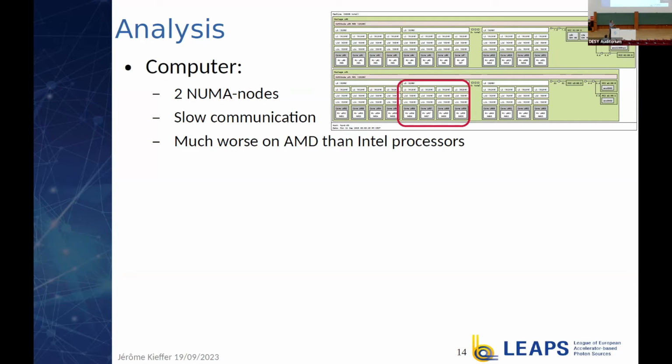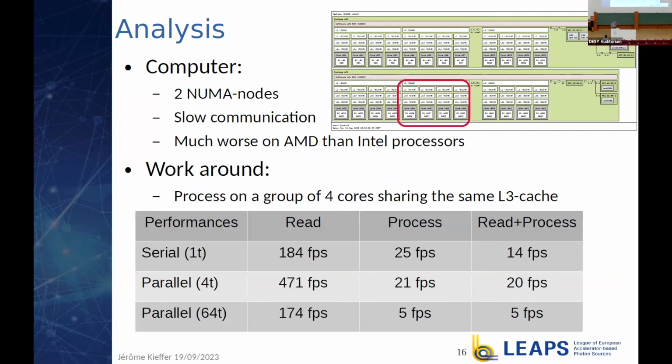So what I decided is to take one block. Here we have a level 3 cache. I decided to reduce my set of working cores to just one block, so 4 cores. And this is the result I obtained. The reading is three times faster.